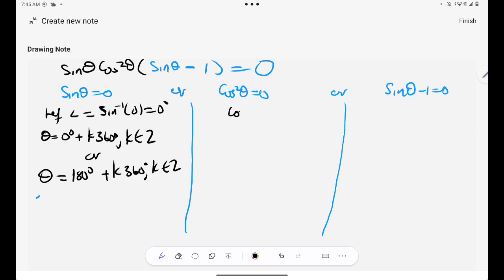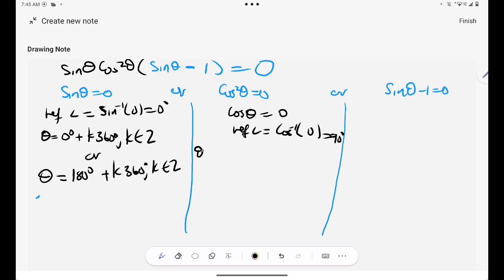Simply means that cos theta is equal to 0 if I take the square roots both sides. And then all I need to do is to find the reference angle. The cos inverse of 0, I'll get 90 degrees. I'll just express 90 degrees where cos is positive. Cos is positive on the first and fourth quadrant, right?